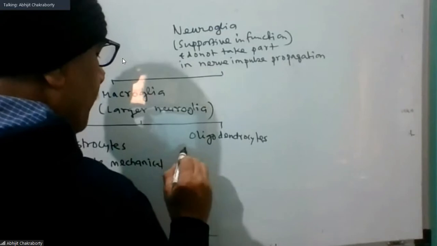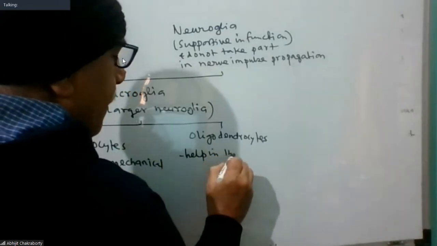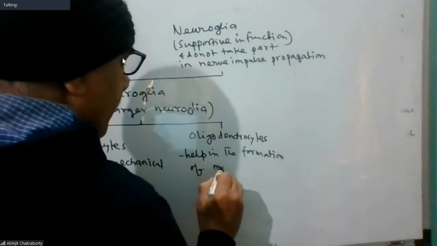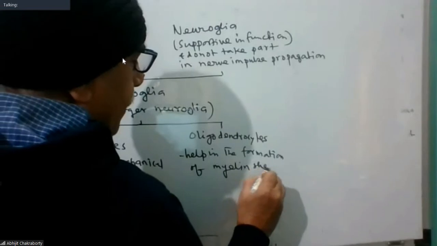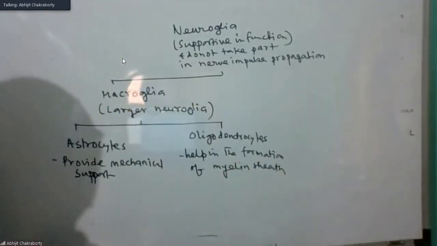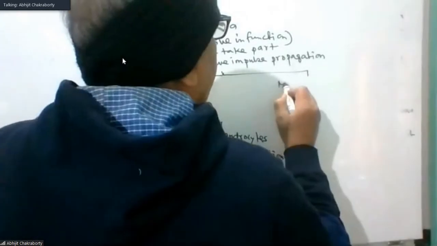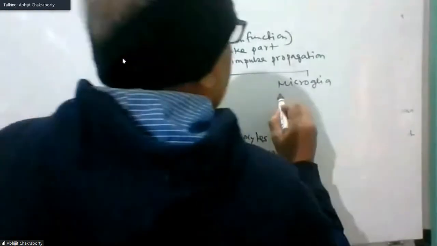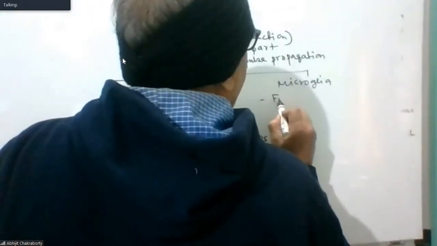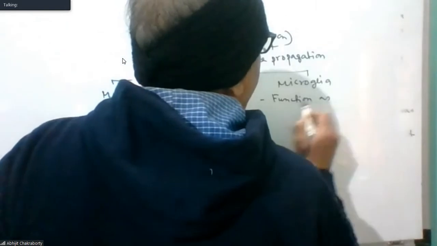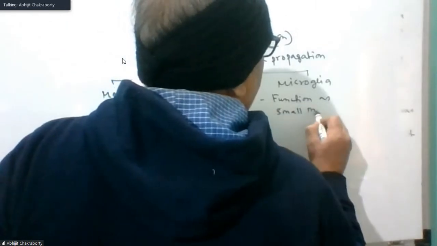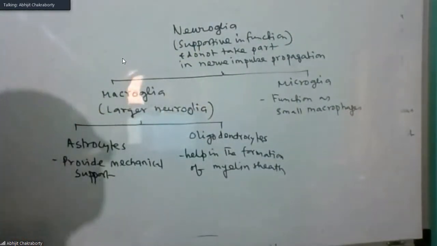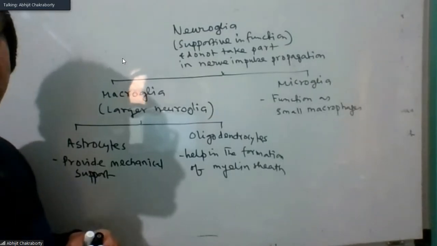Oligodendrocytes: myelin sheath. Microglia, smaller neuroglia, function as small macrophages. That means they can engulf several bacteria and microorganisms found in the system.